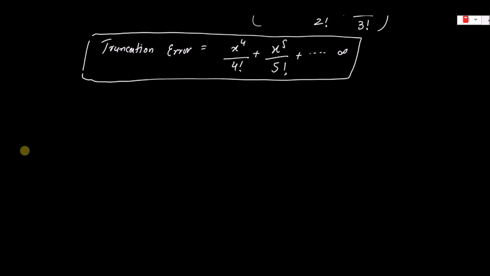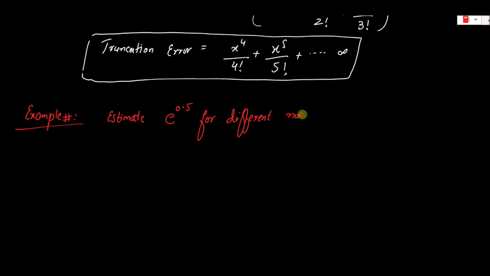We are choosing an example where we are going to estimate e raised to the power 0.5 for different numbers of terms, and we are calculating the percentage error.